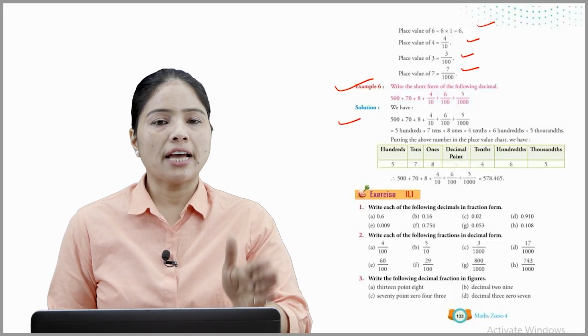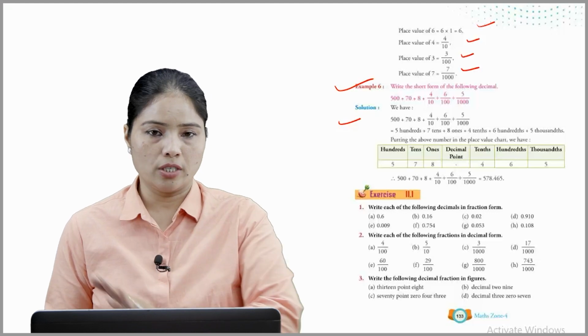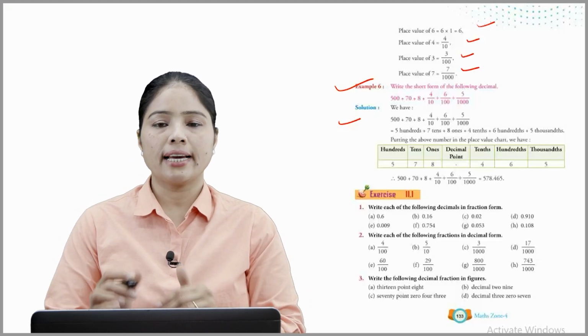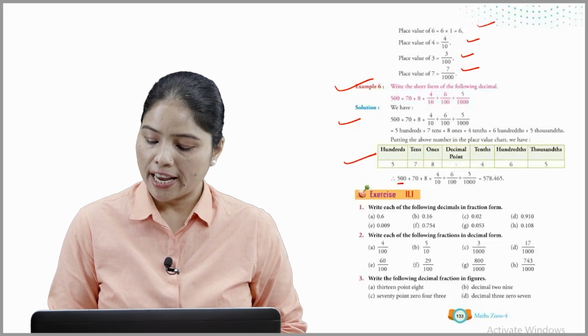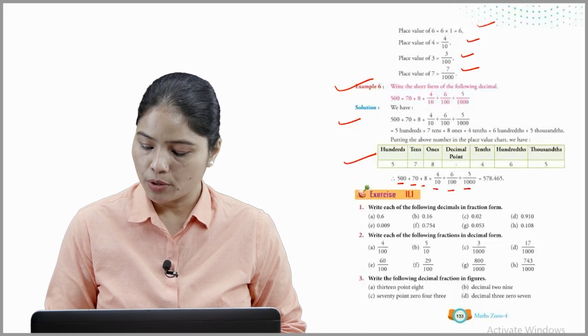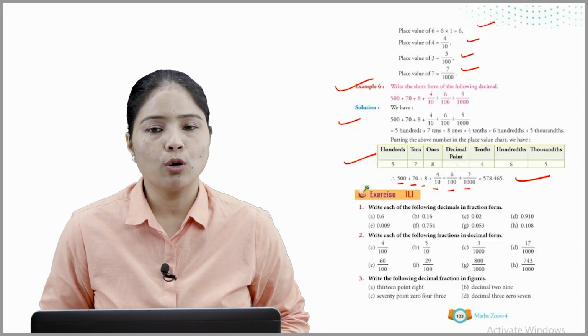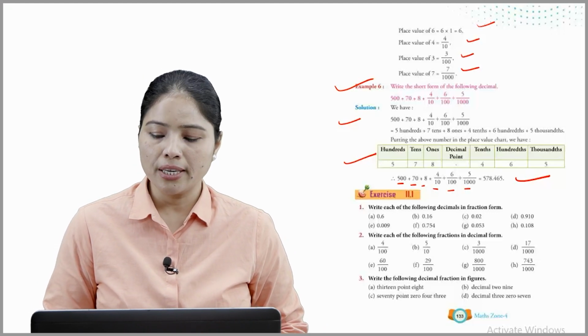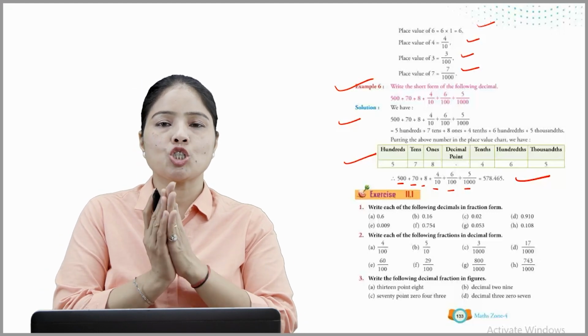We have 578, 4/10, 6/100 and 5/1000. So for the short form, what will we do? This is the table. Okay. So now 578, 4/10, 6/100 and 5/1000 makes the number 578.465. Okay. I hope you understood the expanded form as well as the short form.